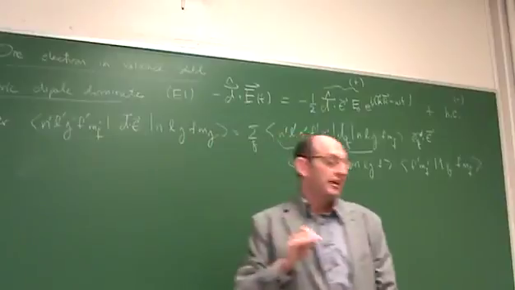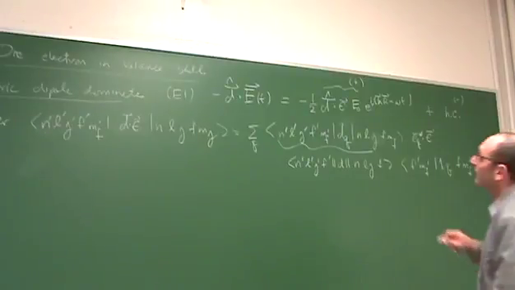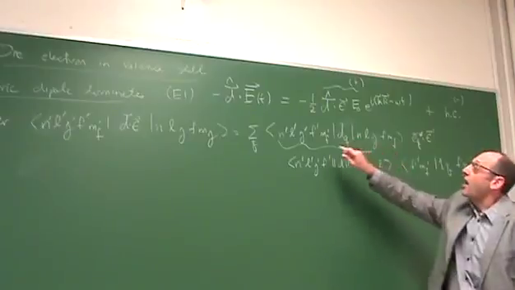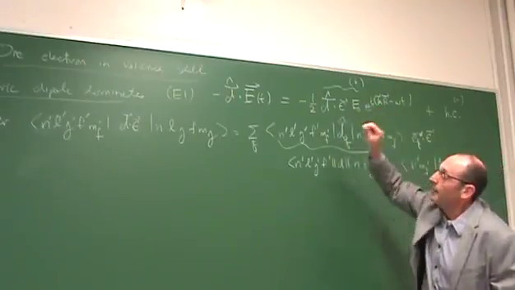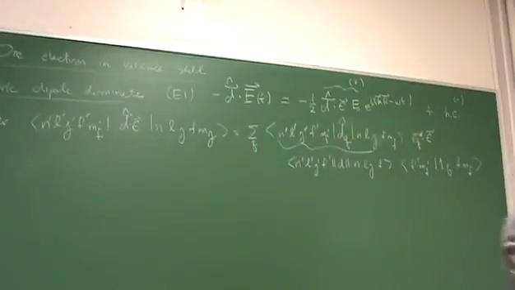Okay, so let's say what are the conditions for which this thing is not automatically zero just due to symmetry. So we just look at a component of this operator in the spherical basis.